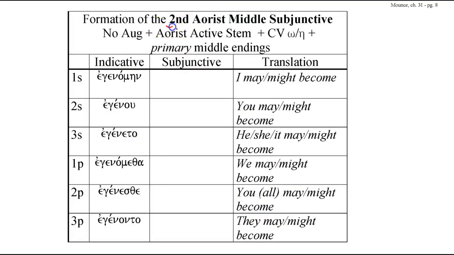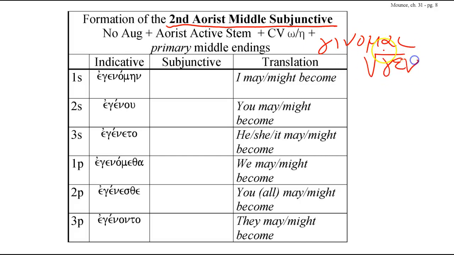And then how do I say the second aorist middle subjunctive? The middle subjunctive. Well, use the word ginomai as a sample. The verbal root is gen. It uses a second aorist middle form because it's a deponent. And so how do I say I might become?